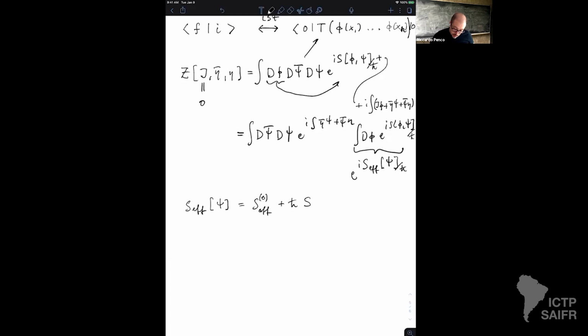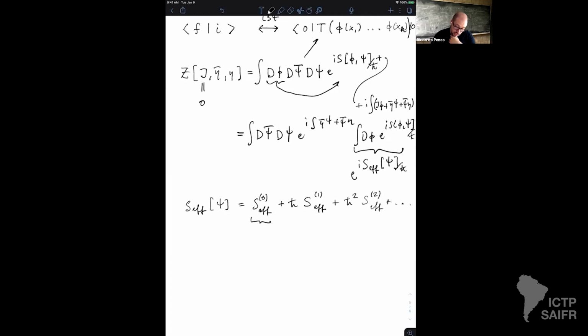So there is an S0, S1, S2, and so on. And the zeroth part of the effective action describes all possible tree-level interactions. The one part describes all possible one-loop corrections, and so on.